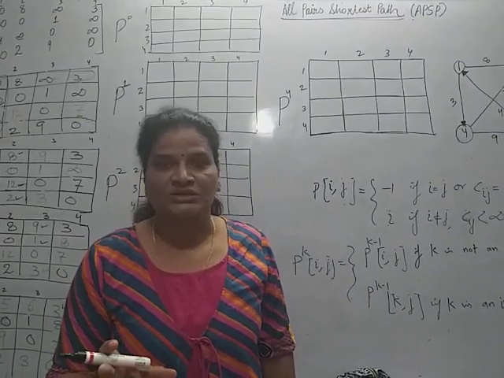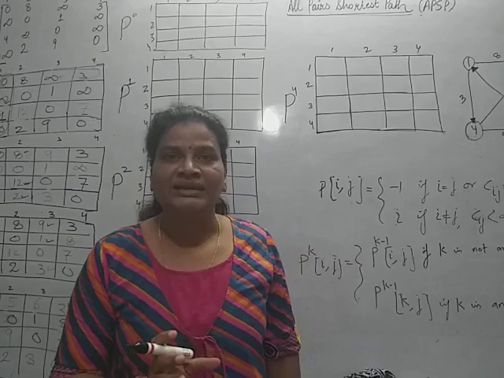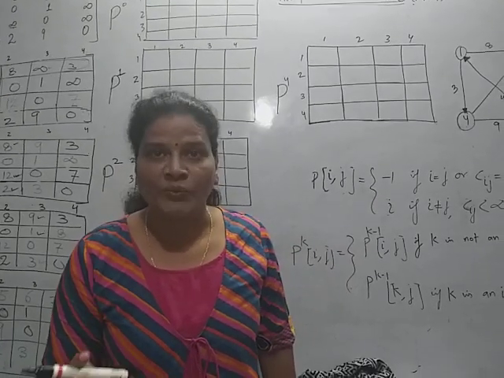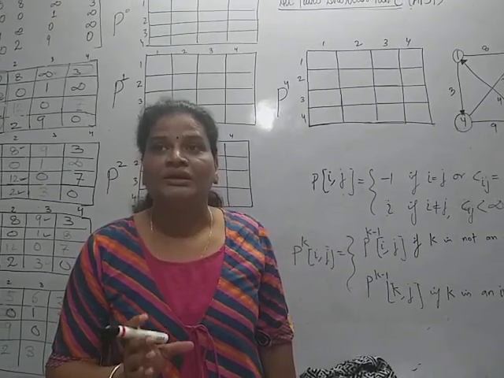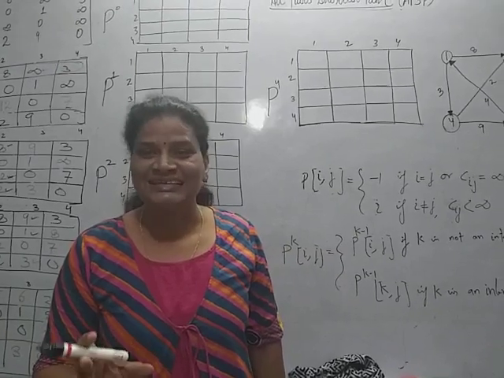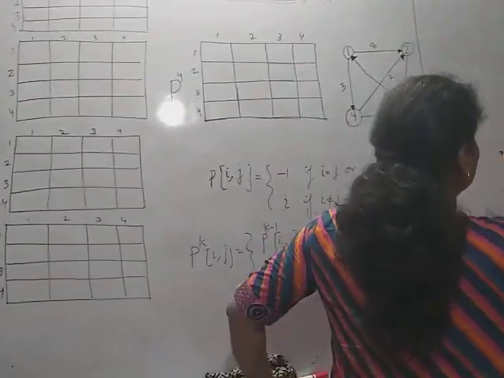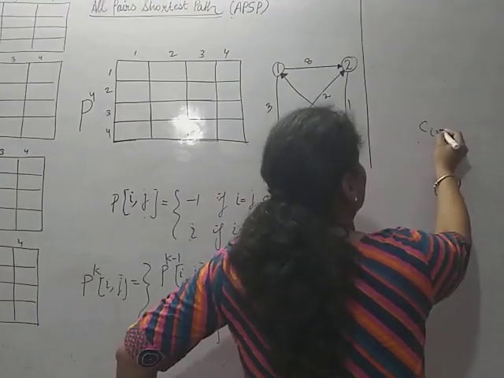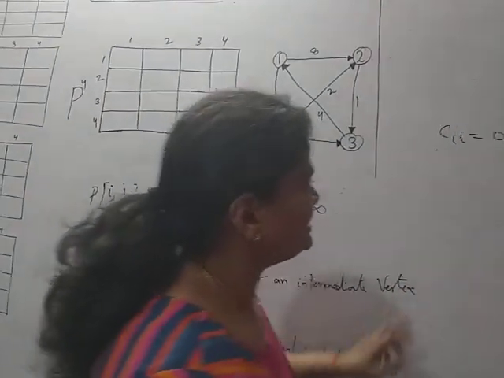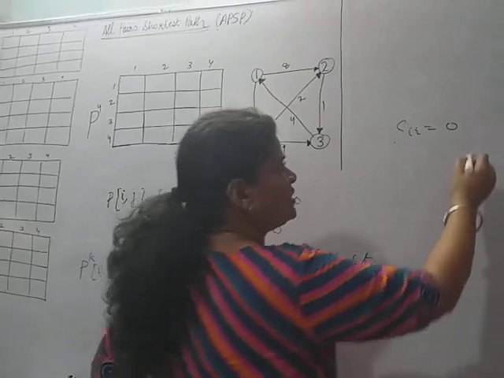In the all pair shortest path problem, we are given a directed, connected, weighted graph with a cost associated with each edge, where the cost is defined as Cij, with Cii equal to 0 for all i.